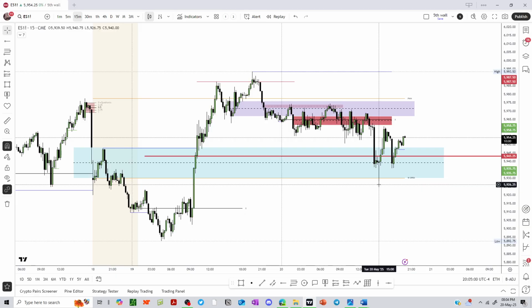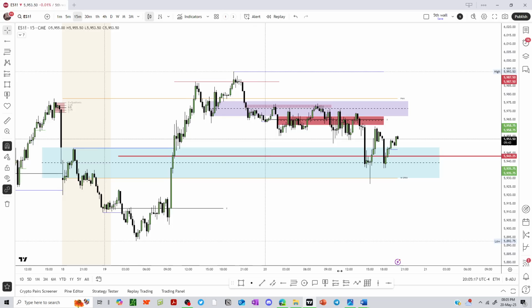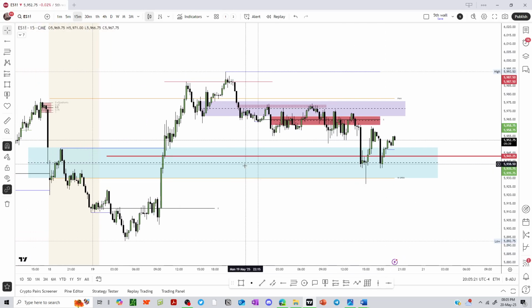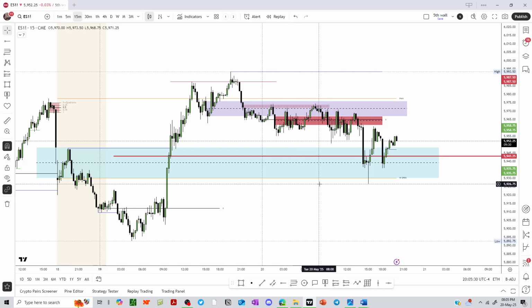So it's like a bear bar, right? And then it just sucked right back up and closed above the consequent encroachment. It's very interesting how a higher time frame chart can make things a lot clearer than when you zone in.